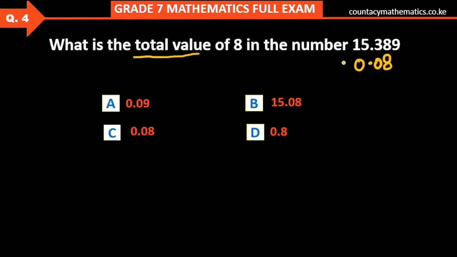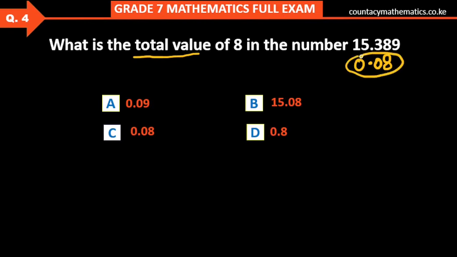I hope that was pretty easy and straightforward for you. That is, you start by writing down the number that you're asked to find its total value, exactly at the position where it lies. And then if there is a decimal, you indicate where it is. And then in between, if there were any numbers, you replace that with a 0. And that is exactly what we've done.